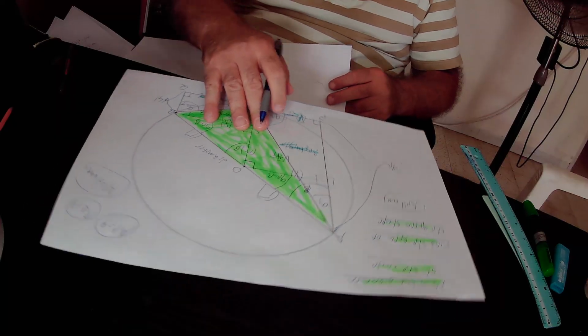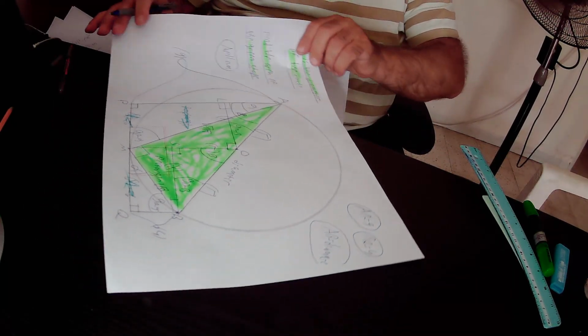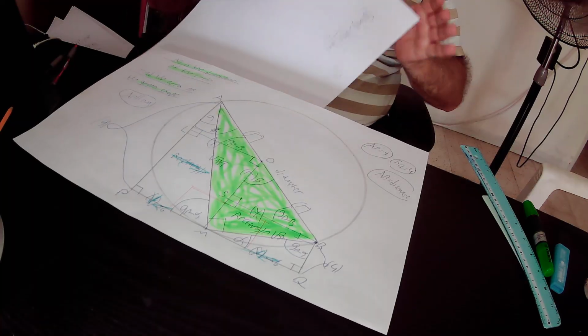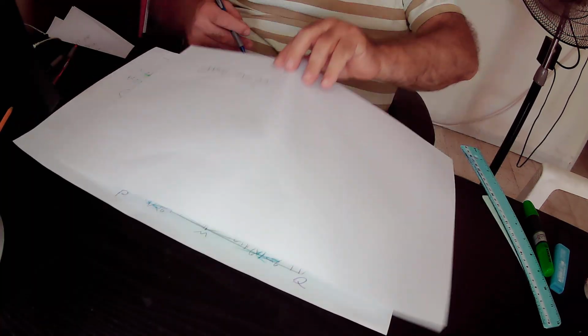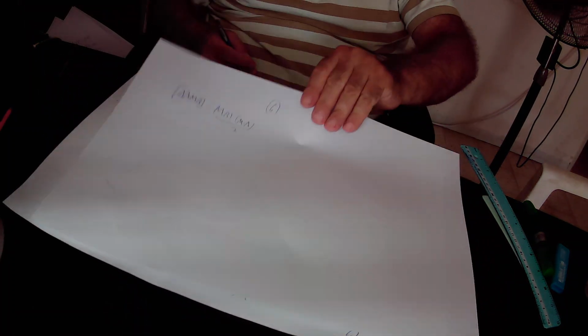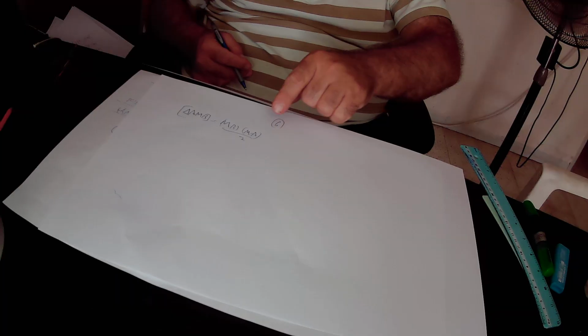Again, the area of triangle AMB equals the base MB times the height AM over 2.